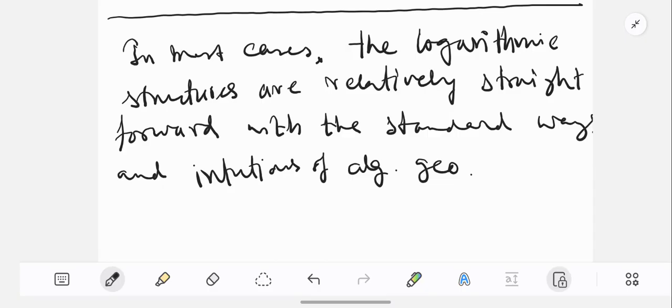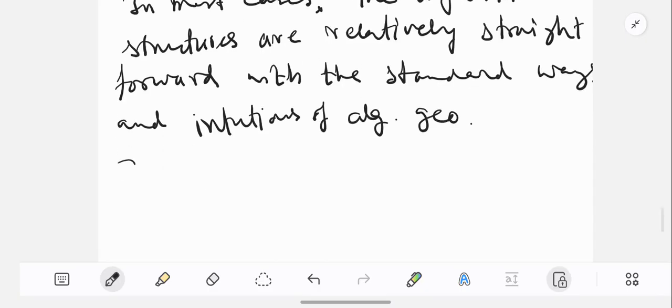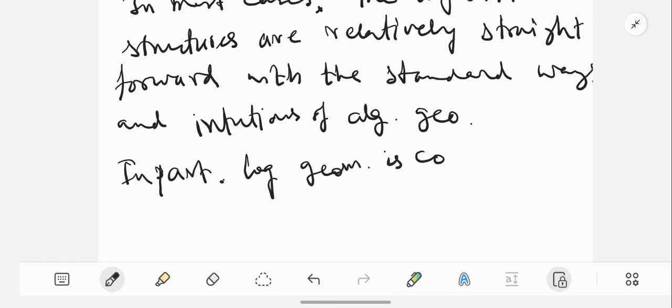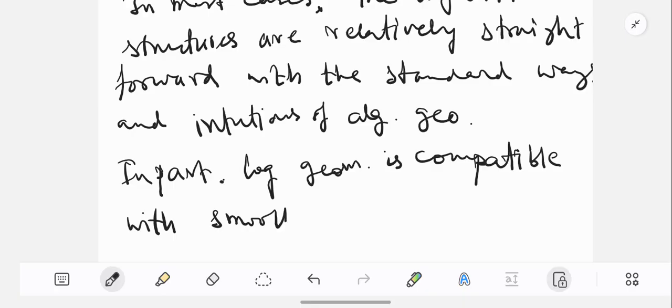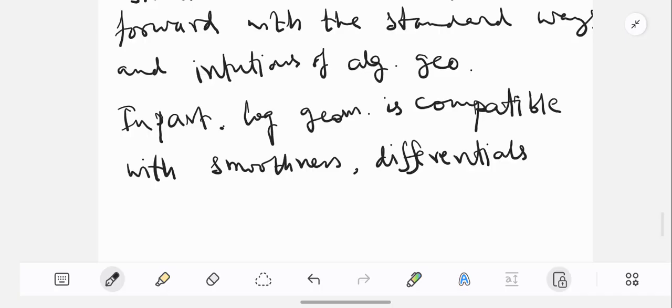Now, let me give you an example. In particular, logarithmic geometry is compatible with the notions of smoothness, differentials, and differential operators as well.